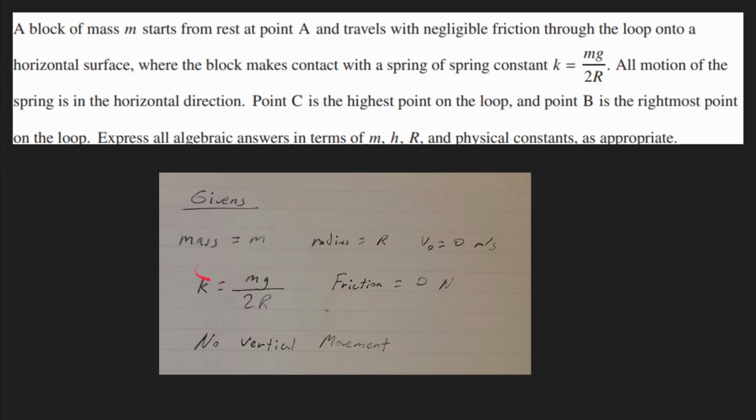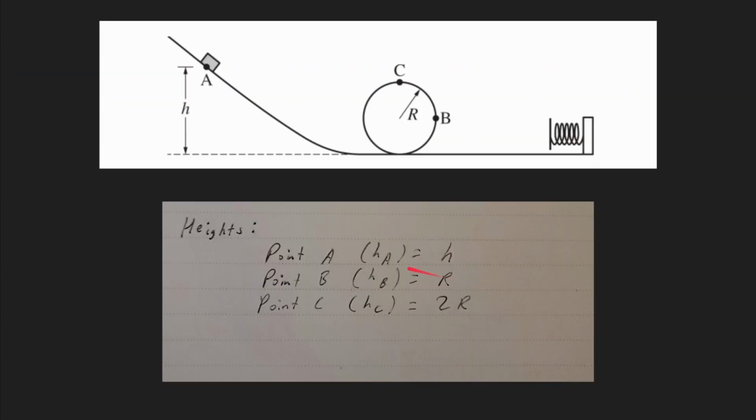We're given K right here, and it's all horizontal movement, no vertical movement. We're also told our heights at the specific points. At A, our height is equal to h. At B, the rightmost point, the height is equal to the radius, which is r, and C is the highest point, which means it's equal to the diameter, or just 2 times radius, 2r.